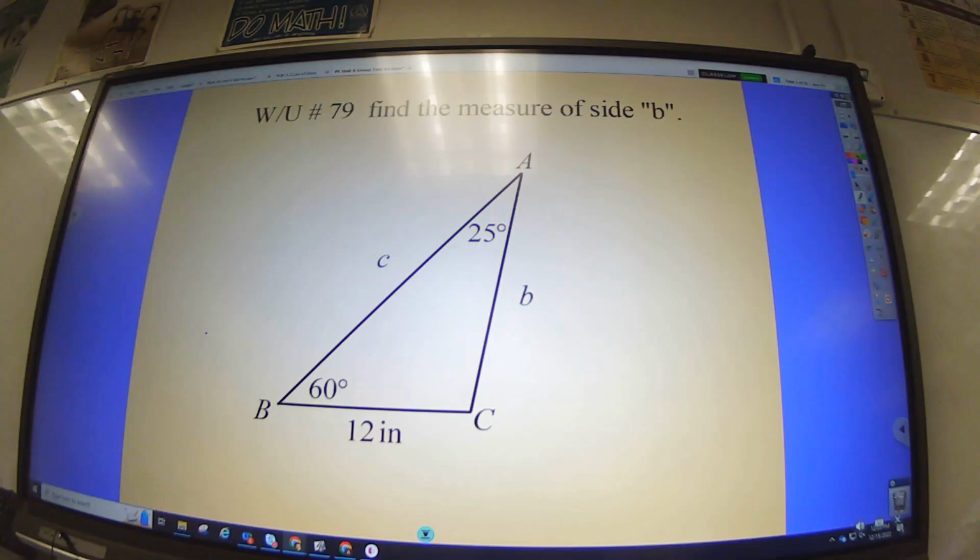So I'm going to say sine of 42 degrees all over what? A. Which is what number? 10, right? Equals sine of B all over 7. Cross multiply.